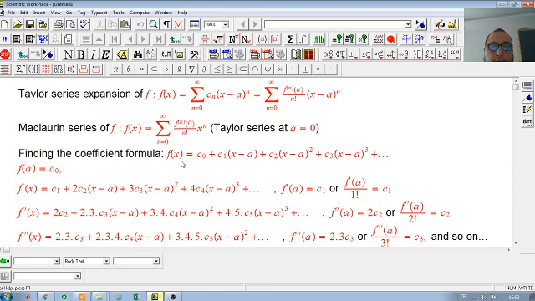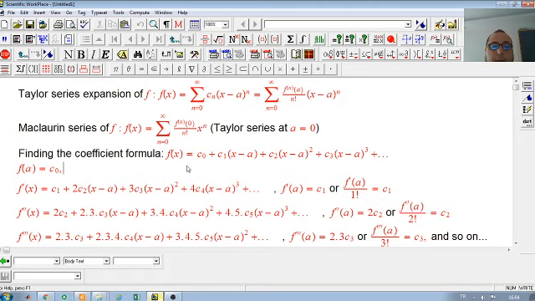And firstly, if you write a for x in this equation, you will obtain c0, which is equal to f of a, because every term except the first term c0 becomes 0 if you write a for x. Okay, and this is the first formula for the first coefficient: c0 is equal to f of a.